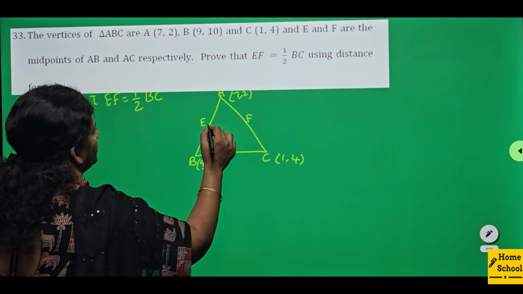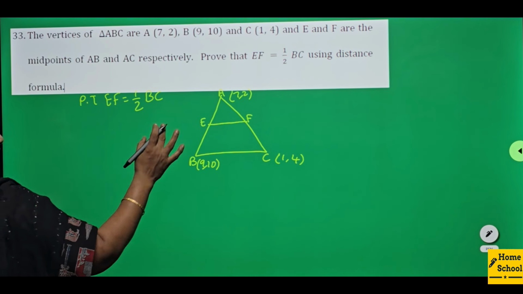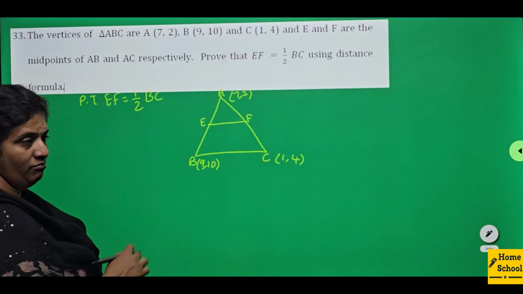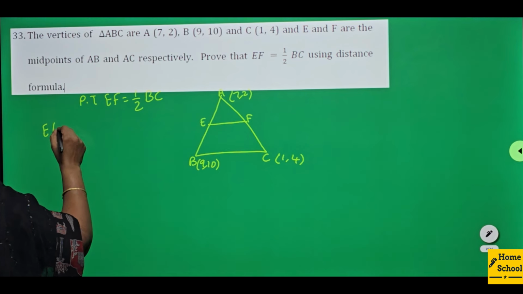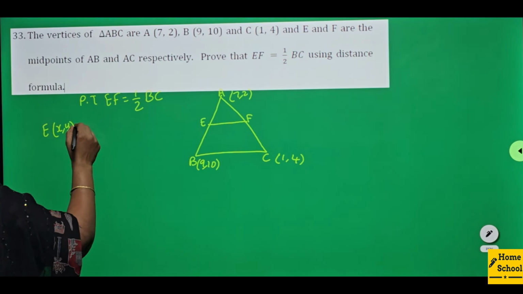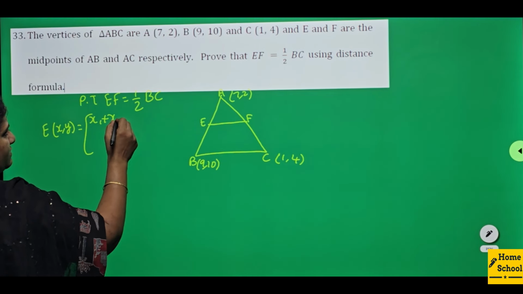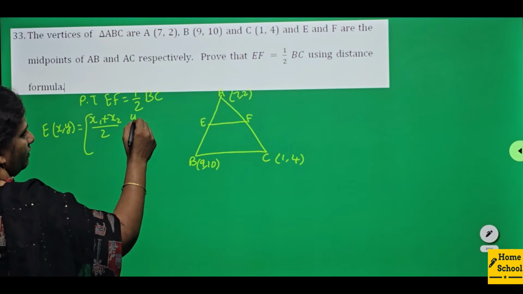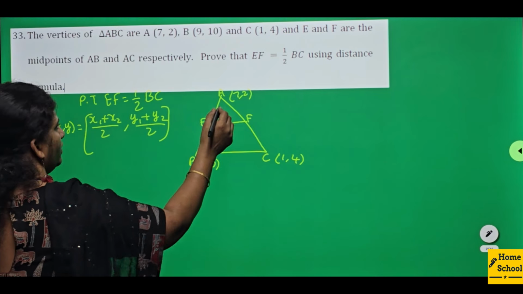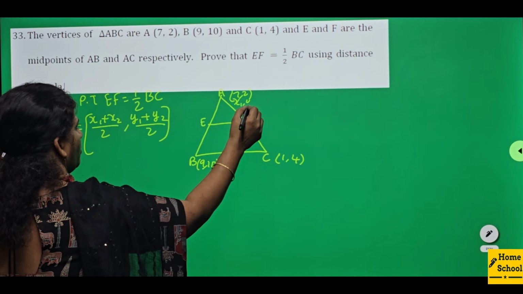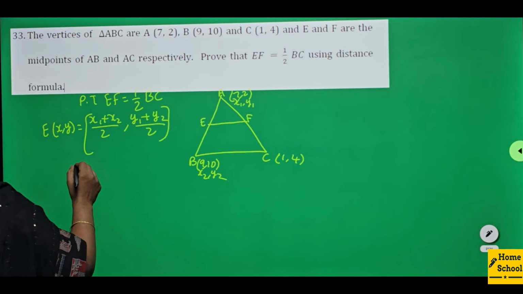Okay, let me join E and F points. First, we need to find the midpoint of E, midpoint of F. We know the midpoint formula. What is that? E (x, y), if I assume. Midpoint formula is (x1 plus x2 by 2, y1 plus y2 by 2). Let this coordinate be x1, y1, and this coordinate be x2, y2.